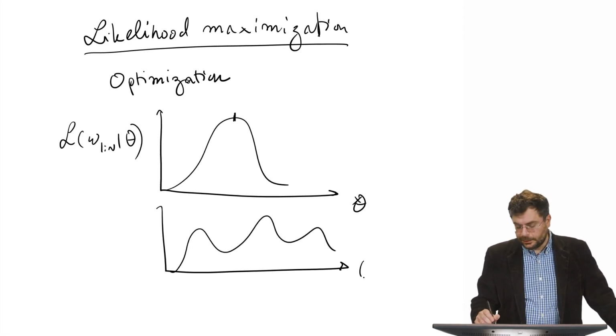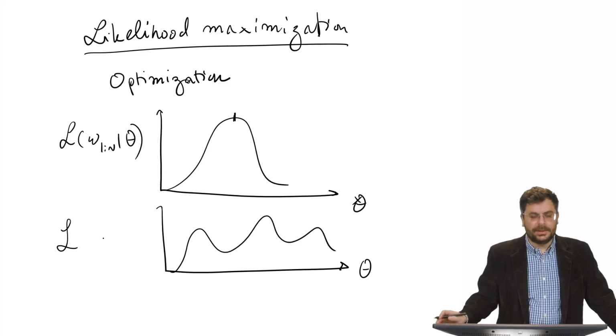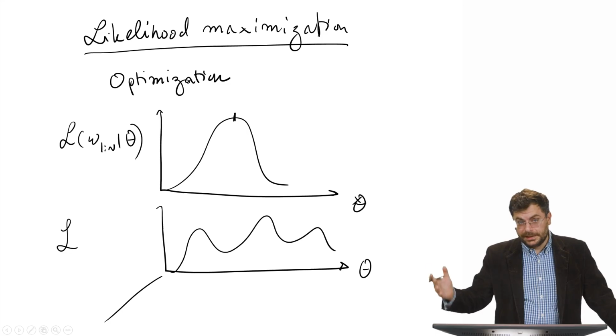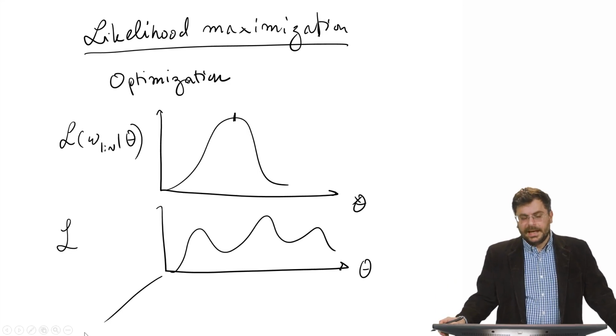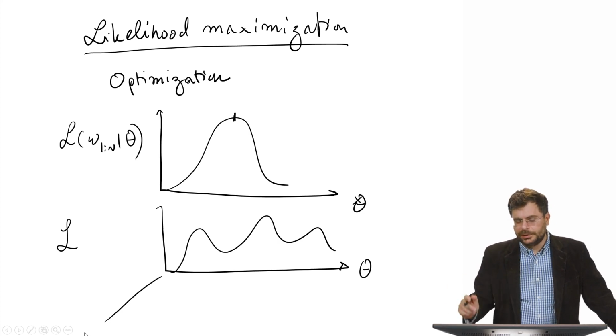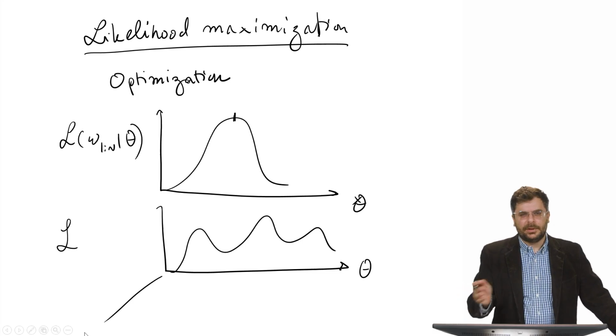And in fact, this is only the case of one dimension. In practice, these modes can exist in multiple different dimensions. And so then it becomes a very difficult problem to identify a global optimum. It even becomes a difficult interpretational problem. So not only a computational problem, but an interpretational problem in asking, well, what do the various maxima really mean?